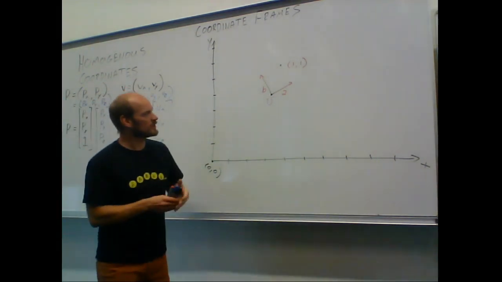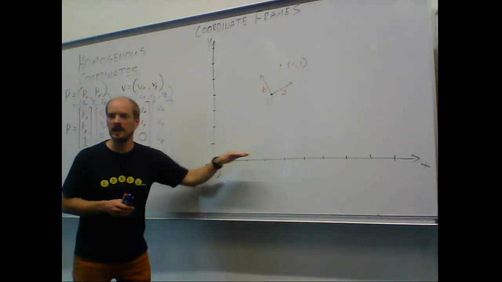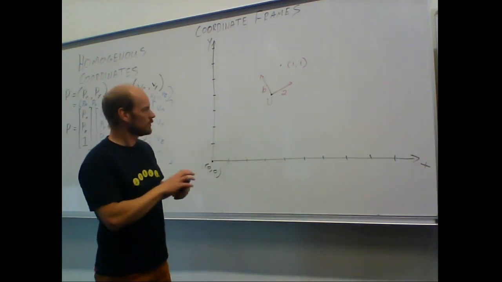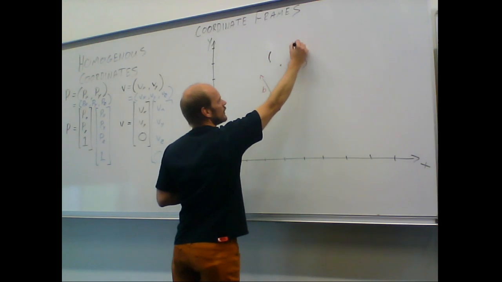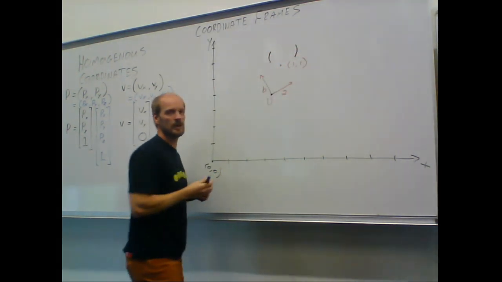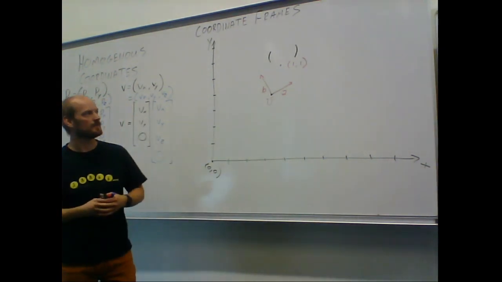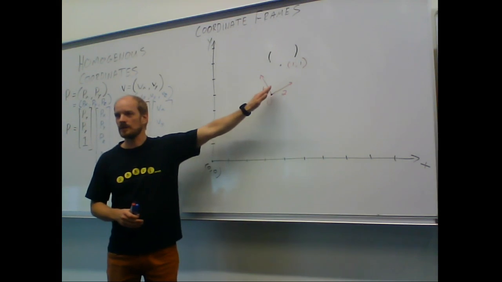So then the question is, if A and B and the point of origin are defined in my global coordinate system, which I've drawn here, what would be, if I draw now in black, the coordinates for this same point, the coordinate that it has in the global coordinate system, the point 1, 1 in this local coordinate frame here.